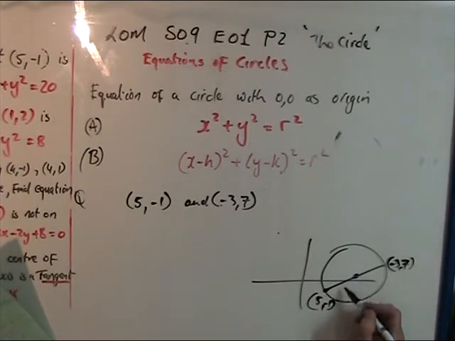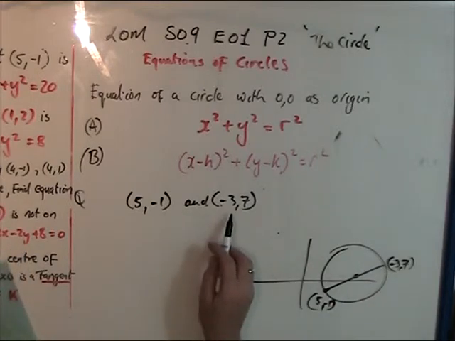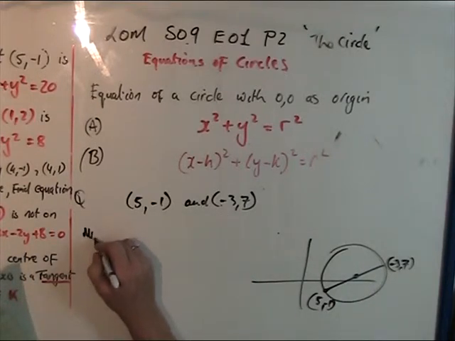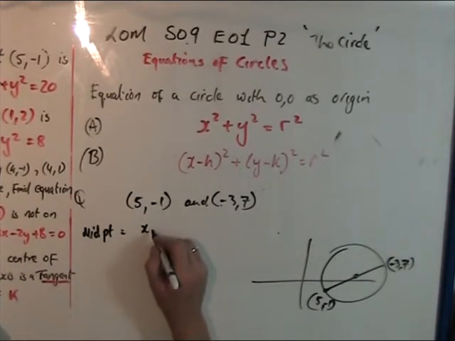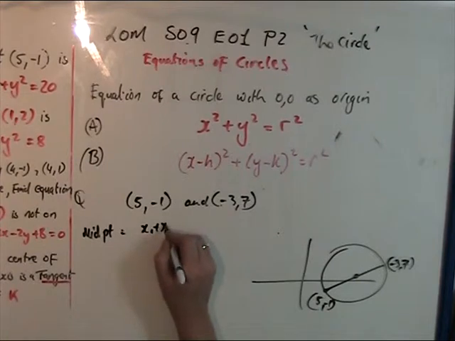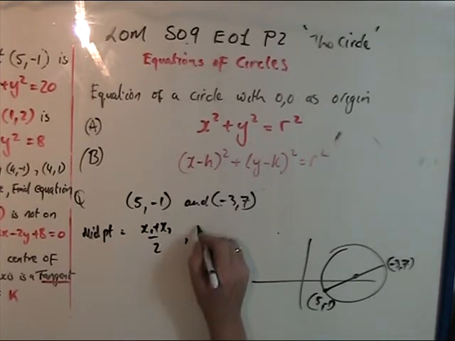Or we find the length of the line and then divide by 2. It's really up to you. But I need to find the center of the circle, so I need to find the midpoint. The midpoint is equal to the x's over 2, and the y's over 2.